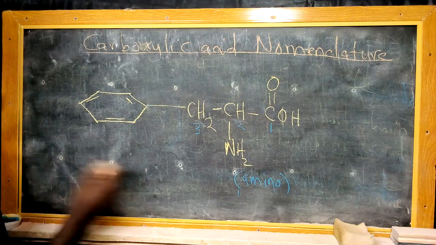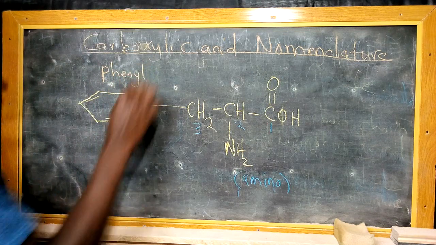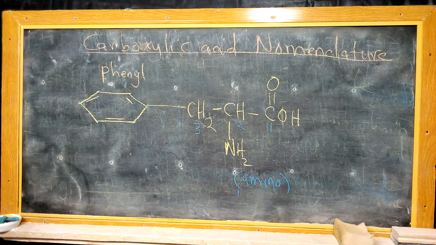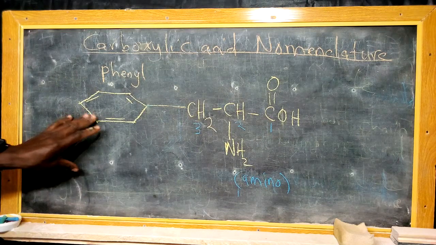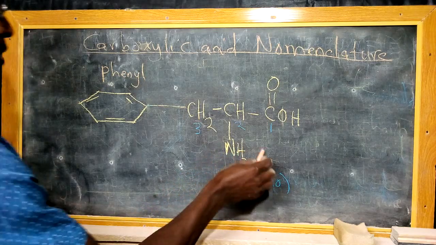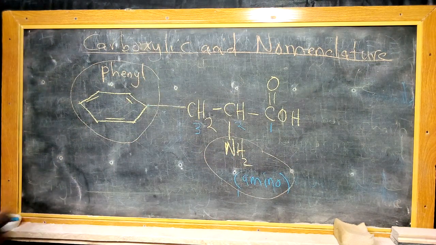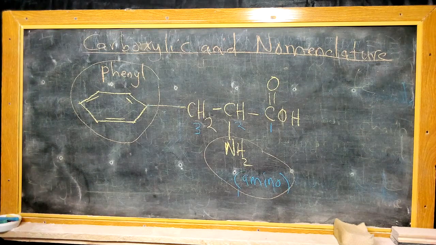So as a substituent, we give it the name phenyl. We're going to look in depth at that later, but for now, this substituent name is given as phenyl. So when we write the name, we shall write both substituents in alphabetical order, and then we shall have the name of that particular acid.